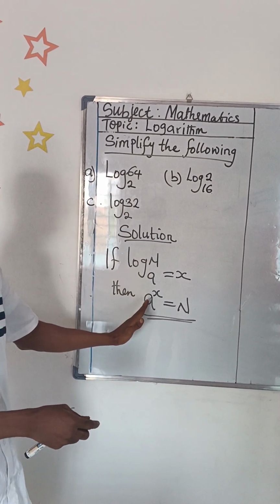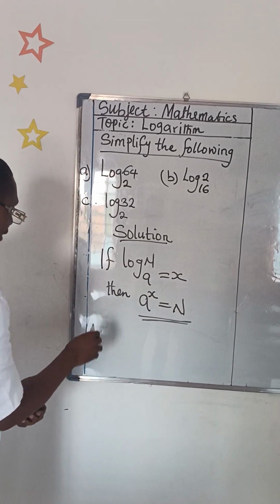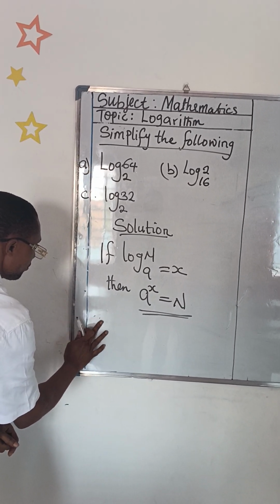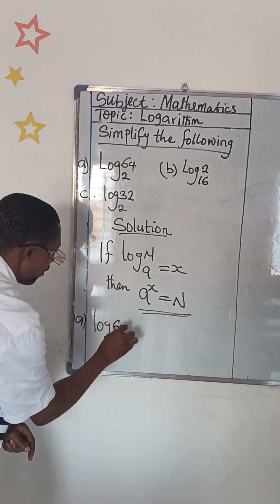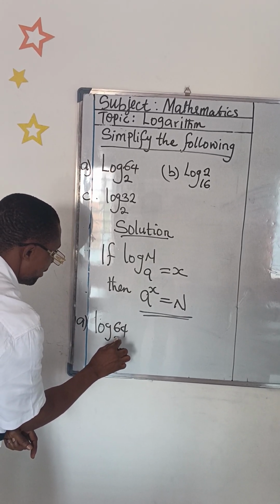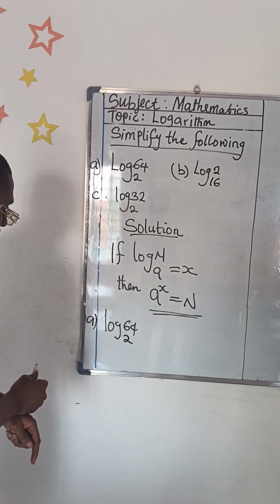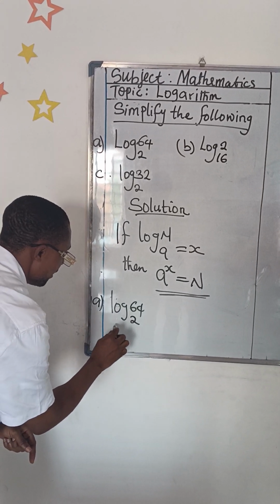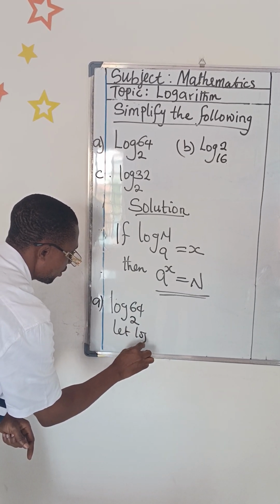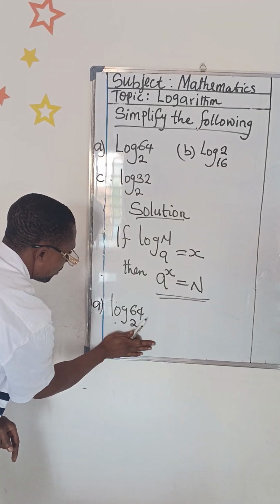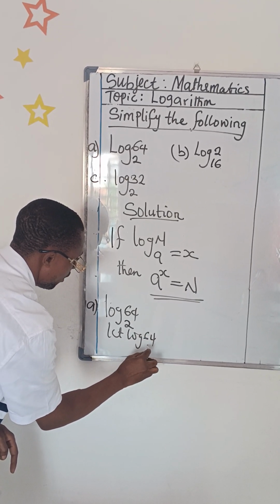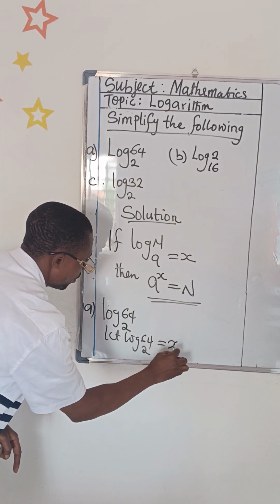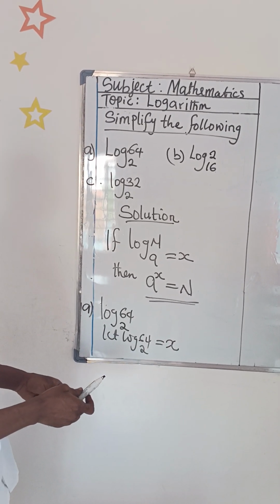Just exactly how this goes. Look at number A. Number A says log 64 base 2. Okay, now let's say log 64 base 2 equals x.